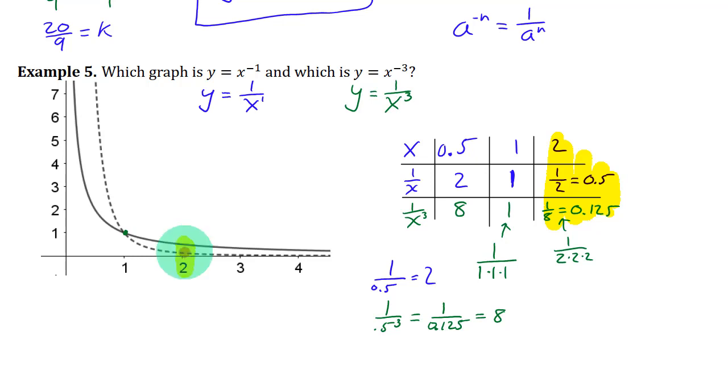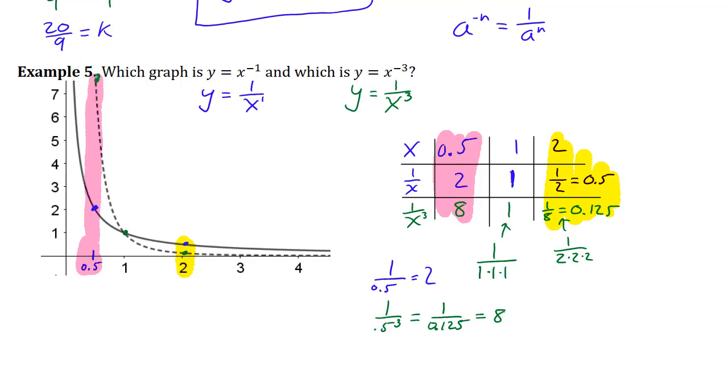It gets a lot closer to 0 than this one does at x equals 2. And if you plug in something less than 1, like 0.5, which is about here, you can see what happens to these coordinates. This one gives you 2 for the y-coordinate. The other one gives you 8, which is way up here.